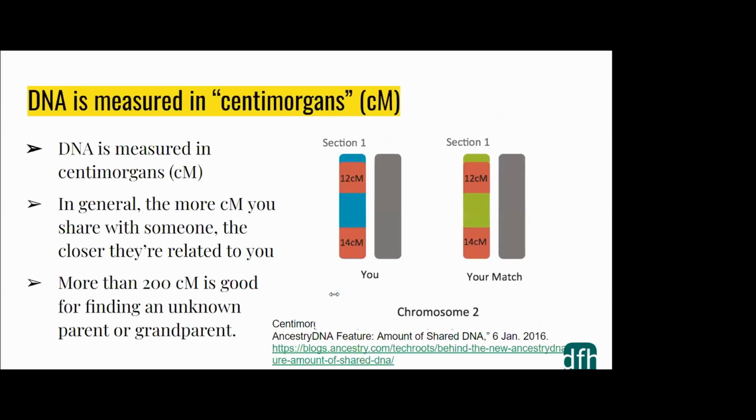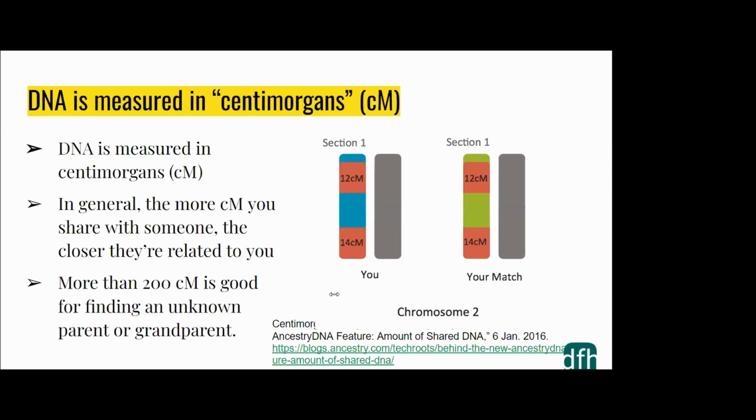And then the last thing you need to know about DNA is that it's measured in something called centimorgans. So the picture shows you, or your DNA, on the left, and it's a representation of a strand of DNA with the two sides that I mentioned, mother's and father's side. And you can see one side is grayed out, and the other side is labeled with two segments.